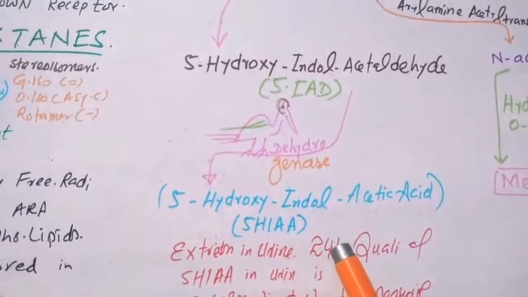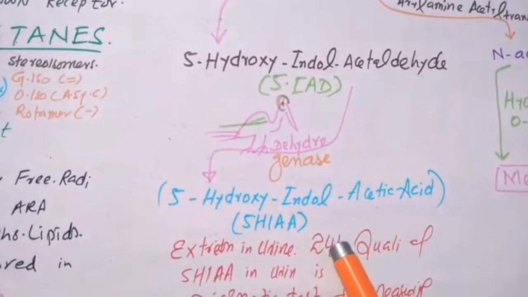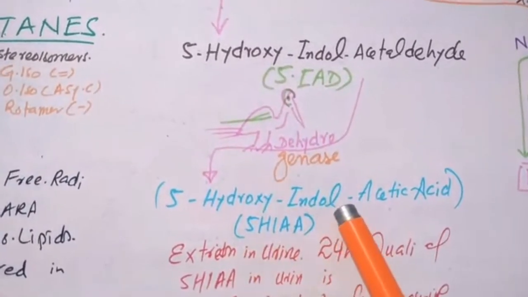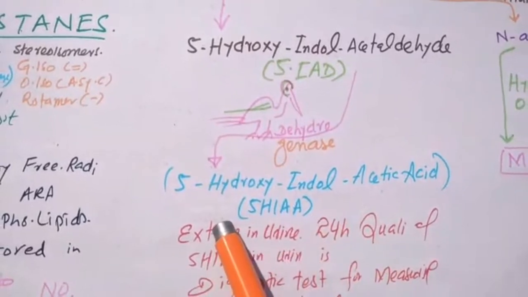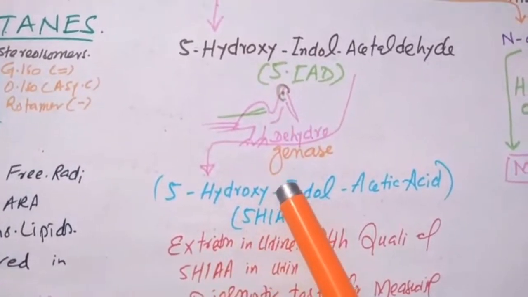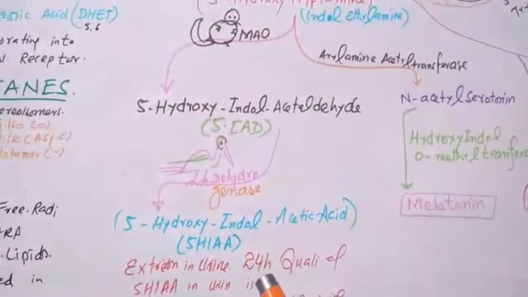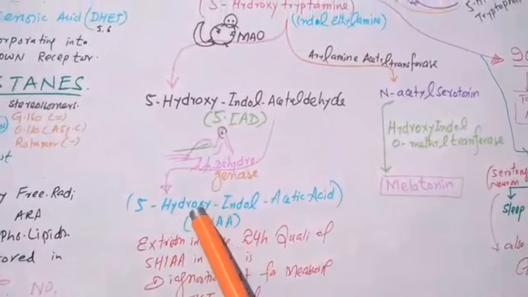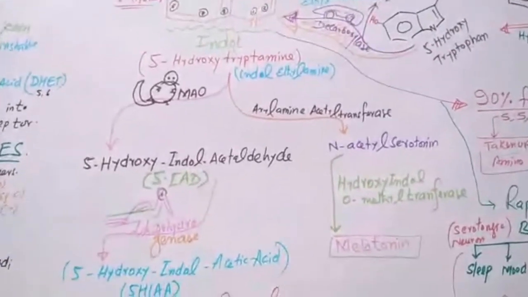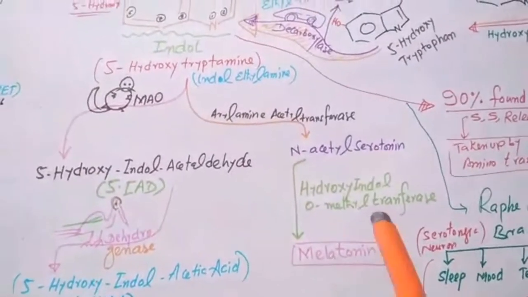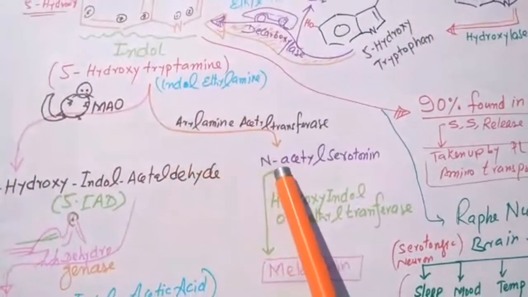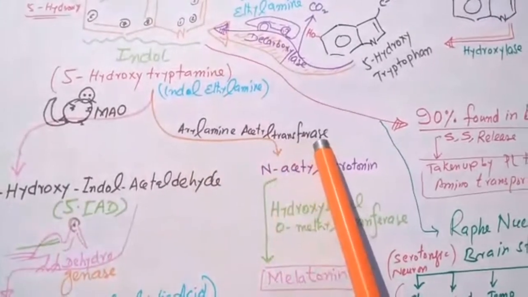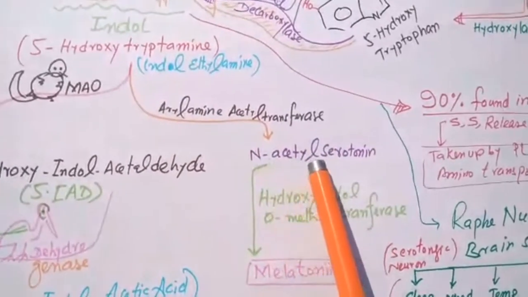A 24-hour collection of urine can be used as an indicator for the quantification of the level of 5-HT in the blood. The greater this level in urine, the greater the concentration of 5-HT.